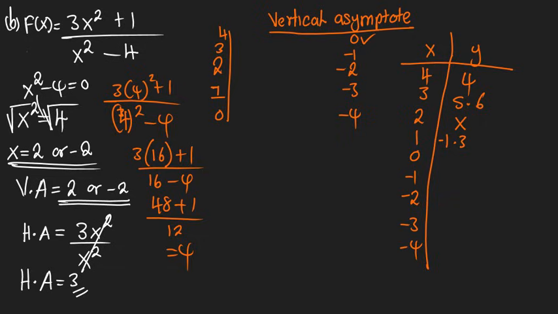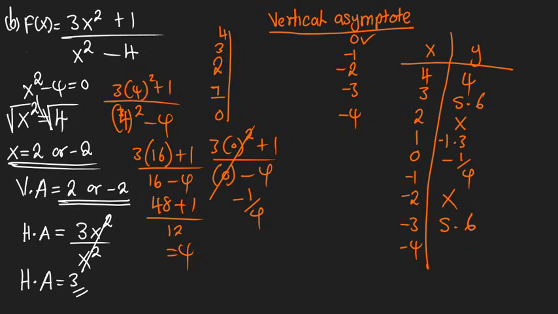So if you're using 0, it's going to be 0 there, 2, then plus 1 over, then 0 there, then -4. So this is going to be like -1 over 4. If you're using -2, you won't get anything. If you're using -3, you still get 5.6. If you're using -4, you still get a 4.